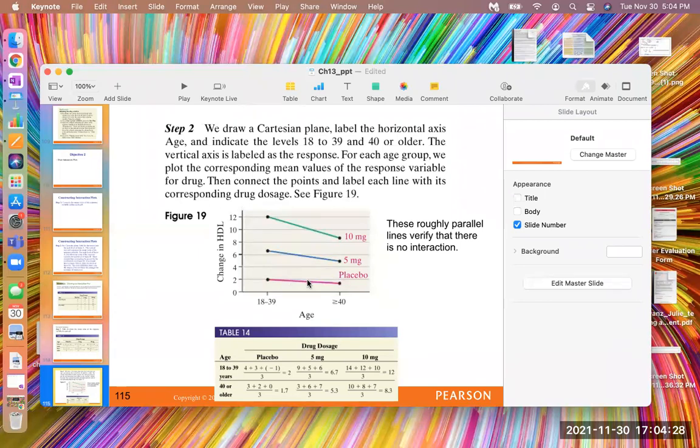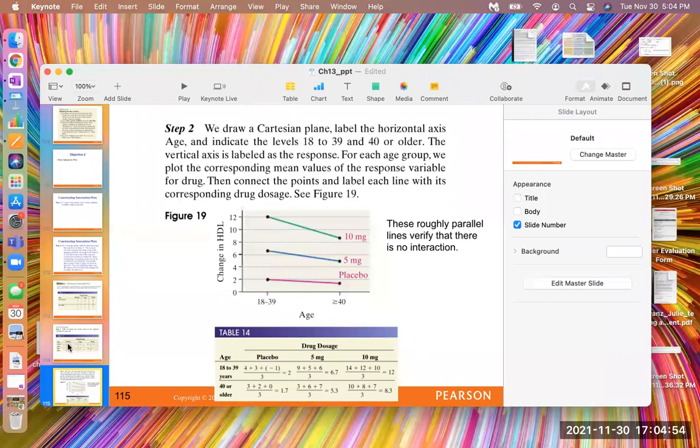How it's going downward. And so it's still a decreasing slope between the different age categories. So there does not look like there's any interaction. They all are decreasing.